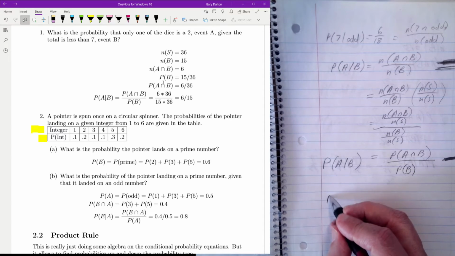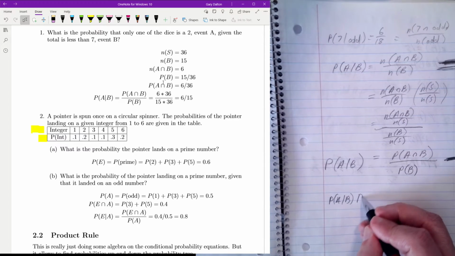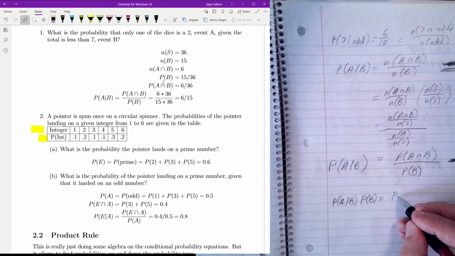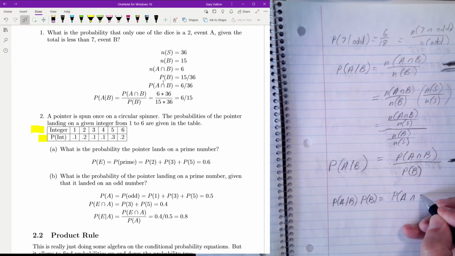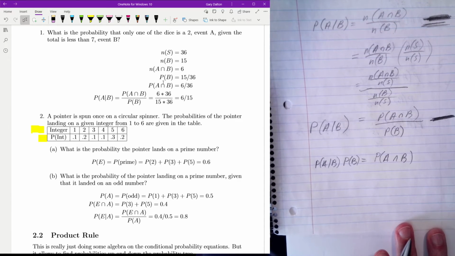So then we have the probability of A given B times the probability of B is equal to the probability of A intersect B. Okay, we can do that, right?